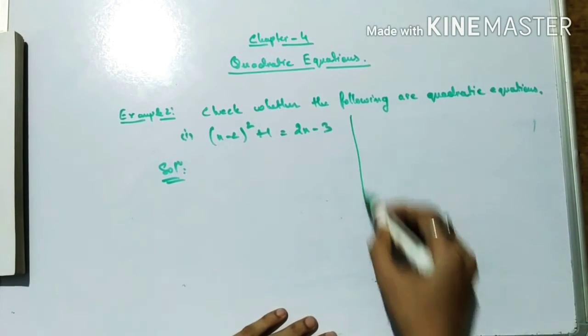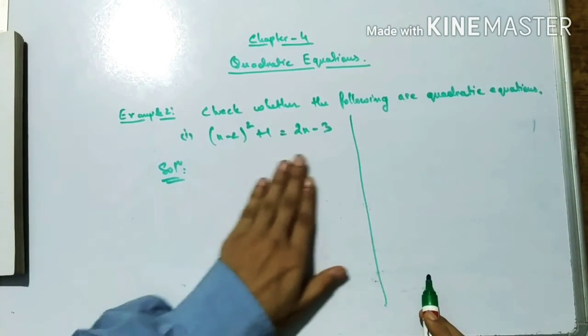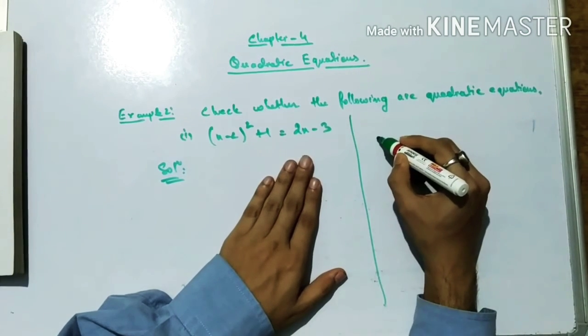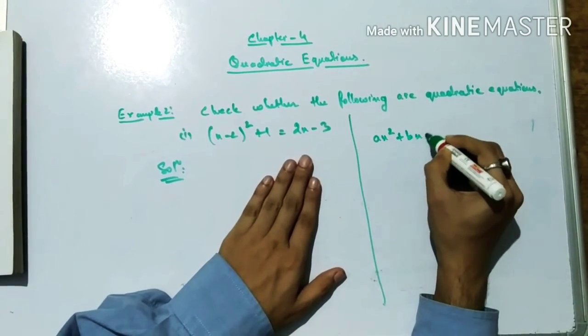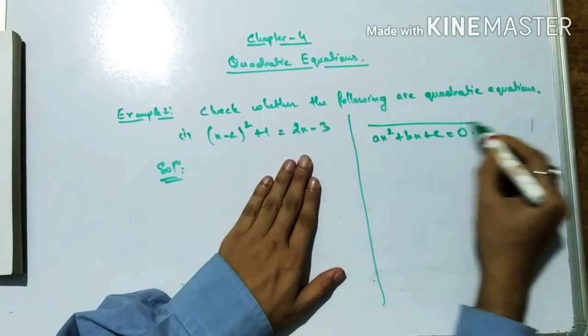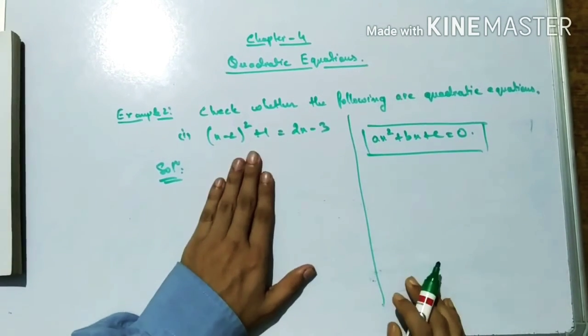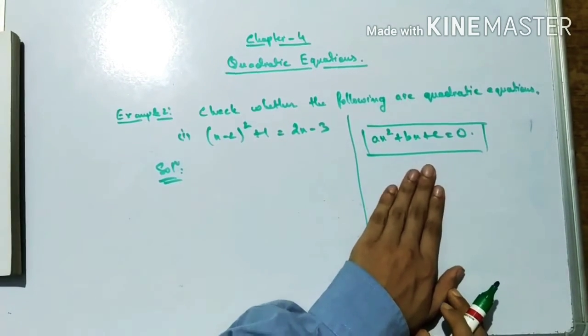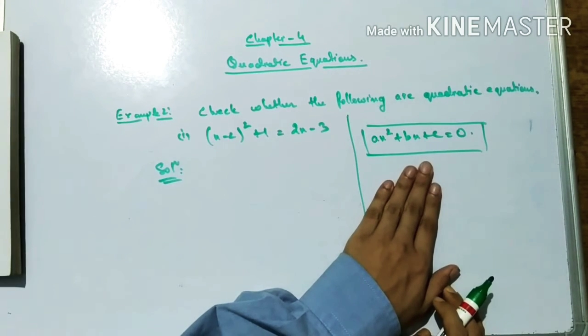That means what I have to show here is whether this equation can be written in the form ax square plus bx plus c is equal to 0. If I can write it in this form, that is the standard form of a quadratic equation.